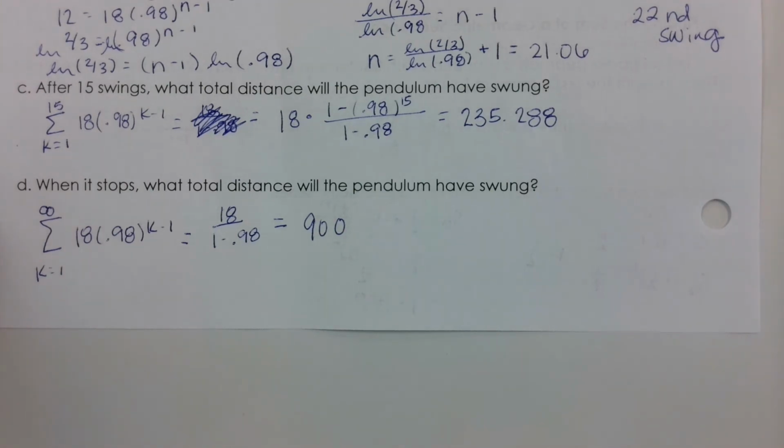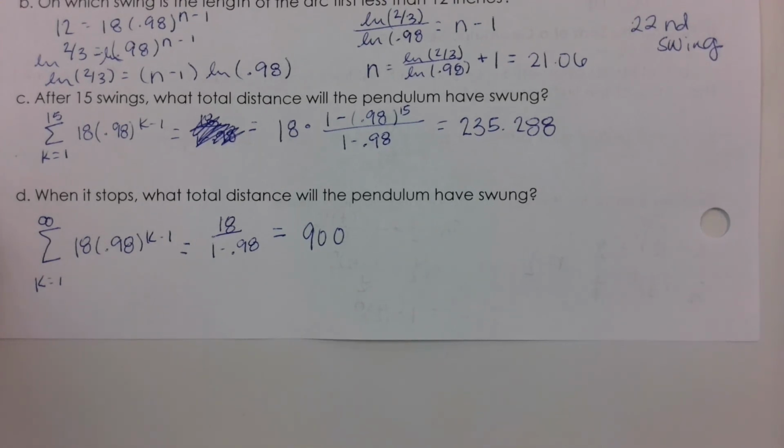Questions? How do we know that we were able to use that formula here? What tells us that it converges to some number? What in your formula? R is less than 1. So you've got to be checking that r value, make sure that r is less than 1.